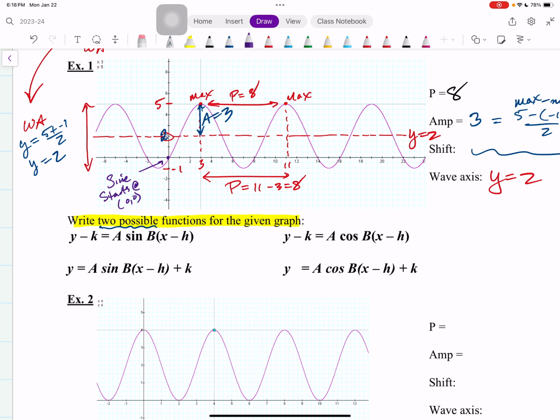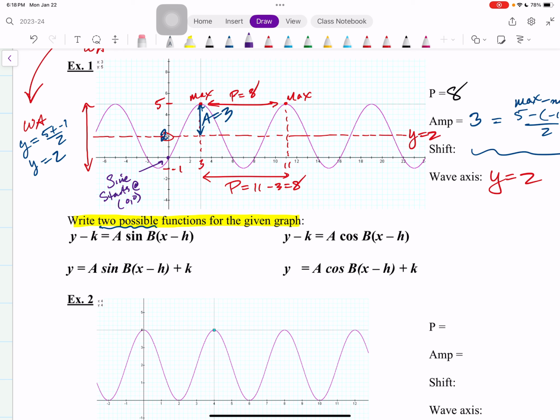Okay, you guys know that, untranslated, okay? Now, obviously, this has been translated. It's been shifted left, right, up, and down. So the question is like, where can you shift a sine function to get this sine function? So we already know that the period is 8 and the amplitude is 3.